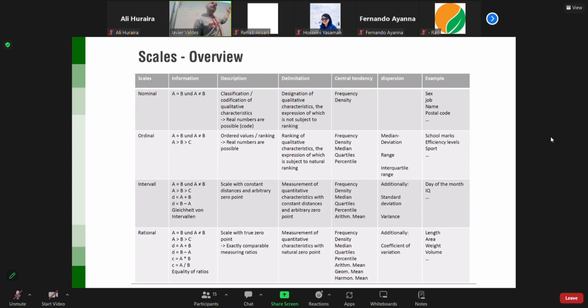The things that tell us how good we are estimating or not estimating a specific statistic. If we have interval data, I can calculate it because I know what is the distance between one point and the next one. Yes? Perfect.